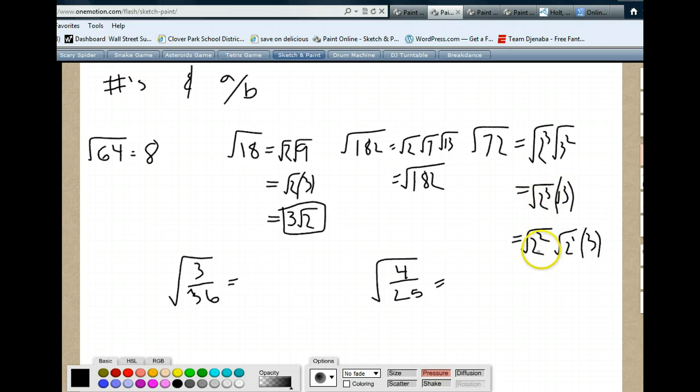Okay? But the reason I want to break it down into an even exponent is because I can apply the inverse operation.